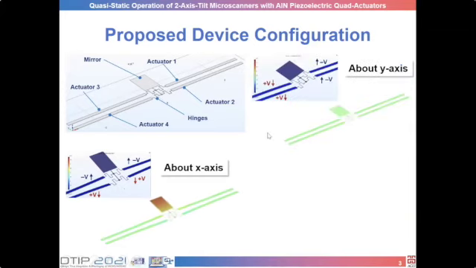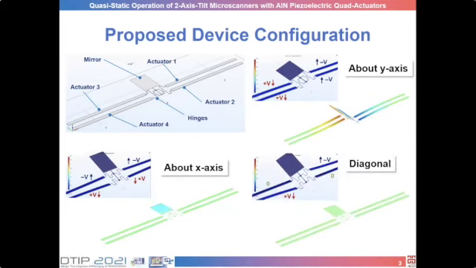For the y-axis rotation, the same voltage is applied to 1 and 2, and then 3 and 4, so that it can rotate like this. For diagonal rotation, the opposite voltage has to be applied to 1 and 4, or 2 and 3, and the remaining actuators are not operated, and it operates like this.